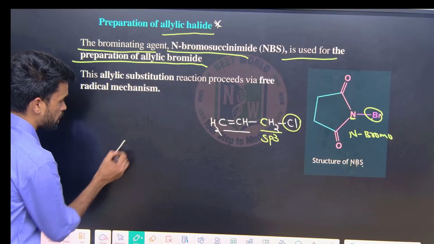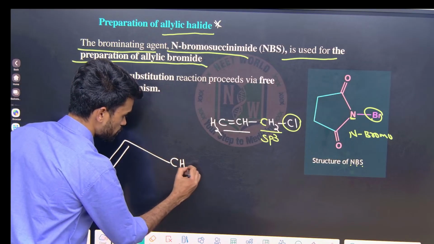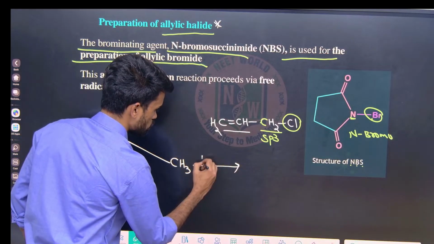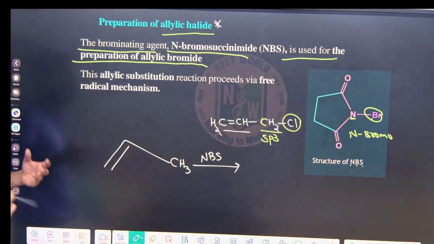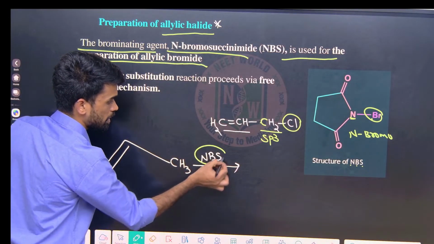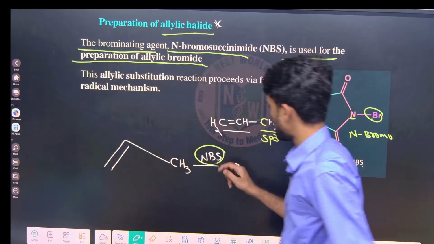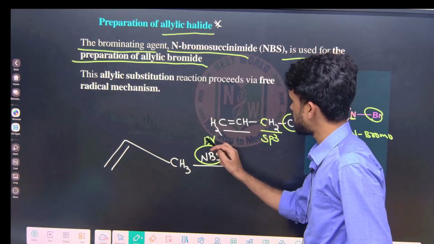So how can we prepare this? Very easy. Just look here. What am I writing? A CH3 site is there, so NBS. I am writing like this. Where does this reaction take place? Whenever you see NBS, just remember N-bromo, so it will give us bromine. What will it give? Bromine radical.